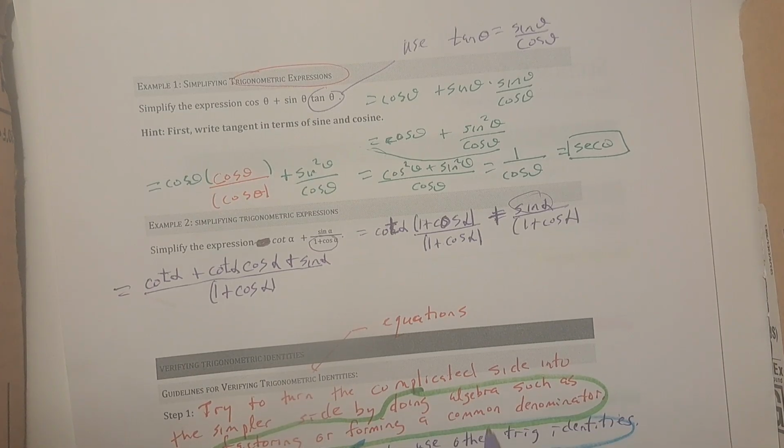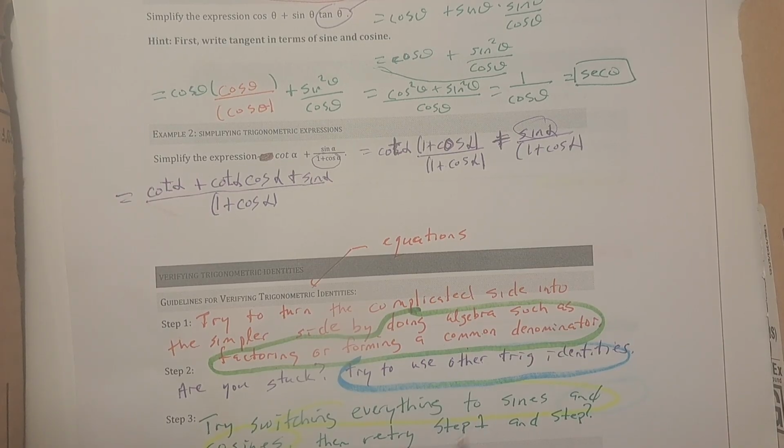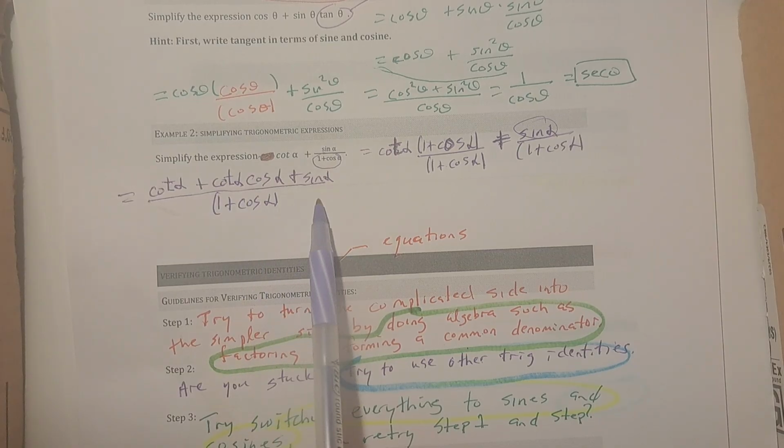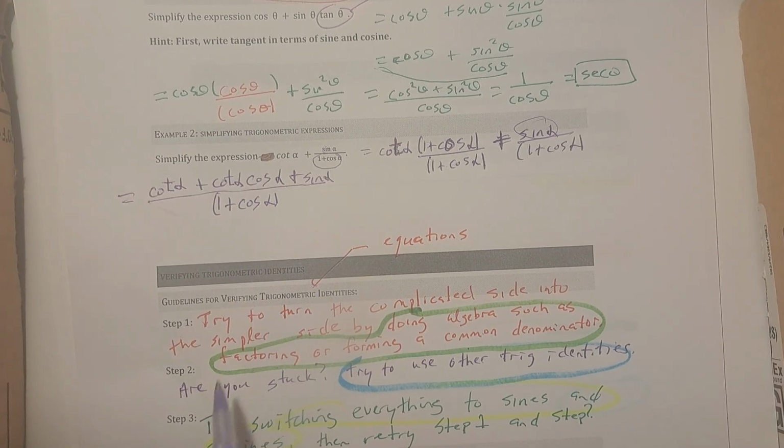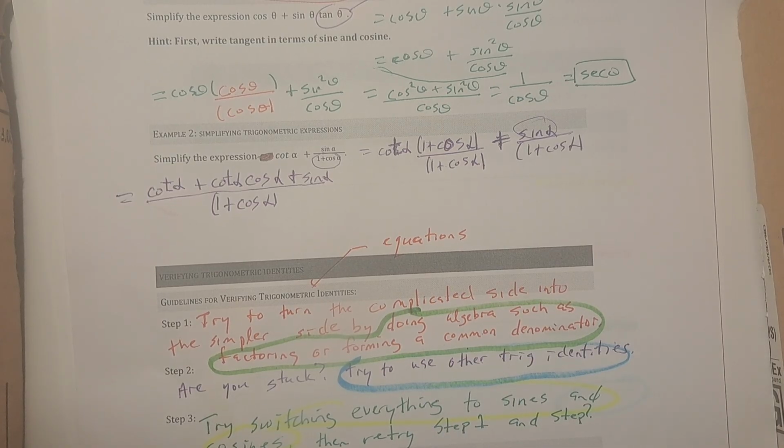So we formed a common denominator, and when you look at it, there's no common factor for every term. So then we're going to go on to step 2 because we look stuck, and we're going to try to use other trig identities.